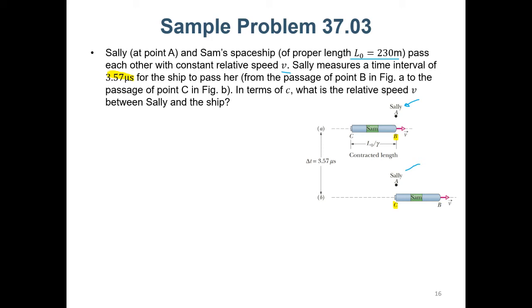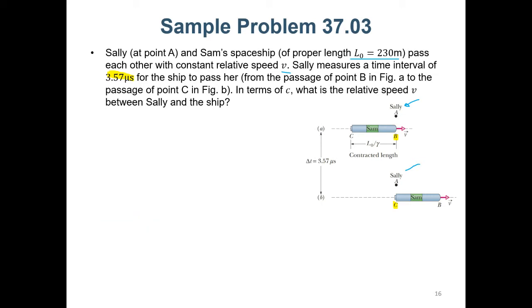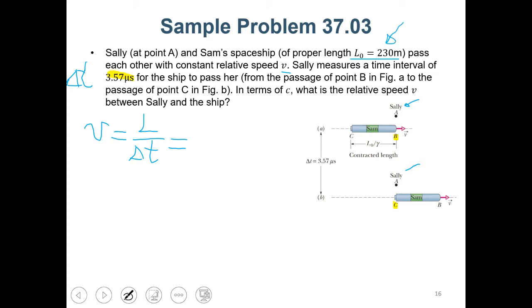So actually here we can write v equals L over delta t, where this is the dilated time, and this is the proper length.